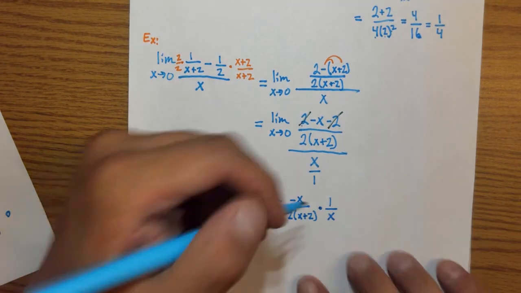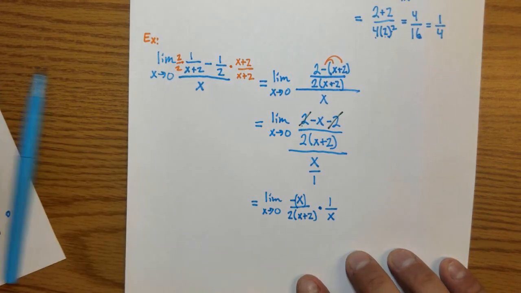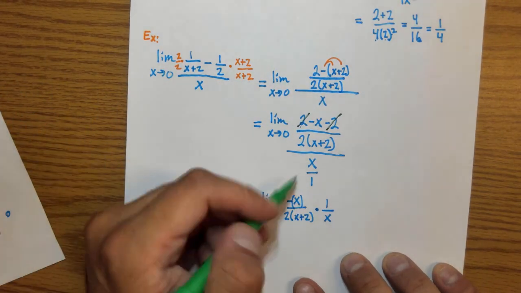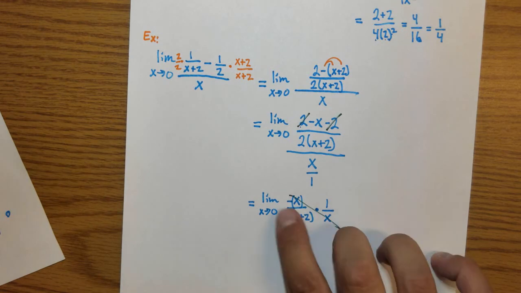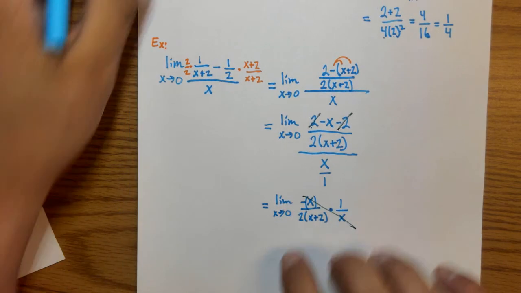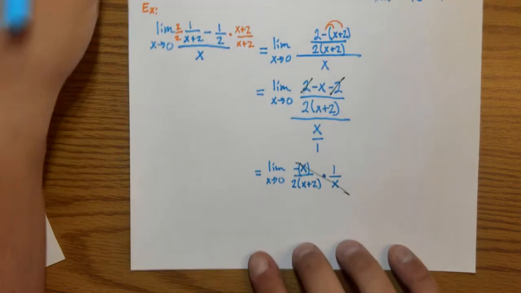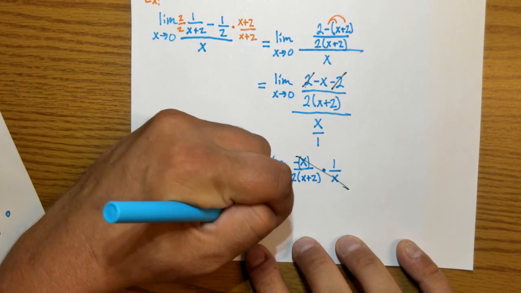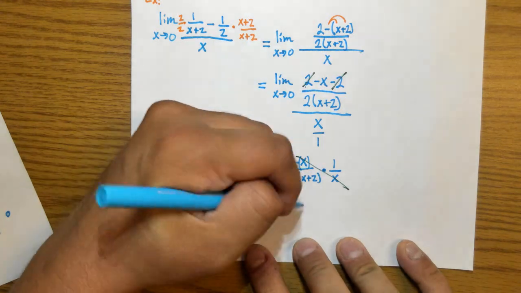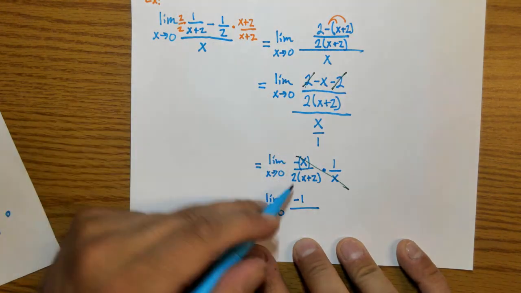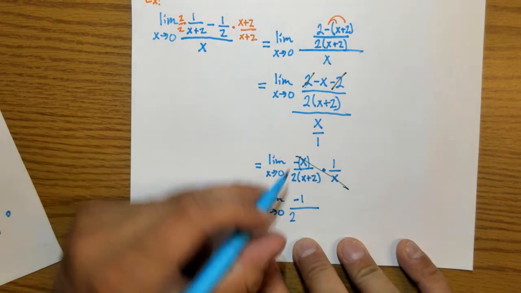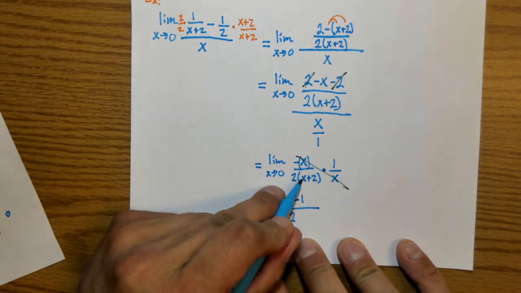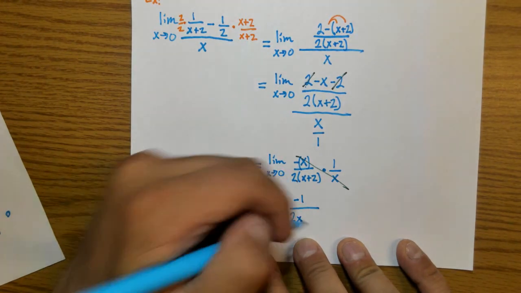And look what happens. Now these x's can cancel out. But I still have this negative out here, so be careful. So this is going to turn into the limit as x approaches 0 of negative times 1, so negative 1, over, and I guess we can multiply this now if you want, 2 times x is 2x. 2 times 2 is 4.